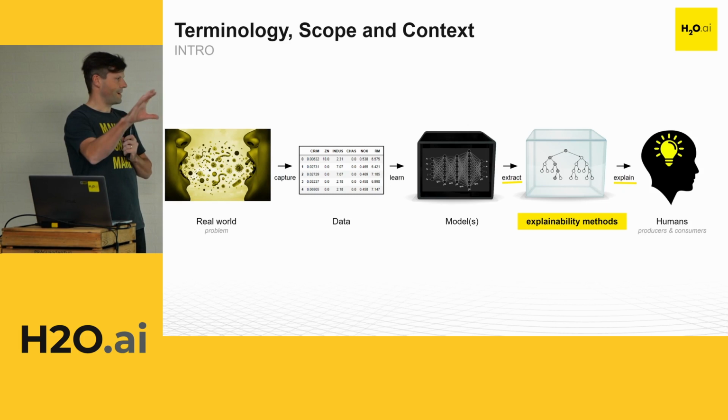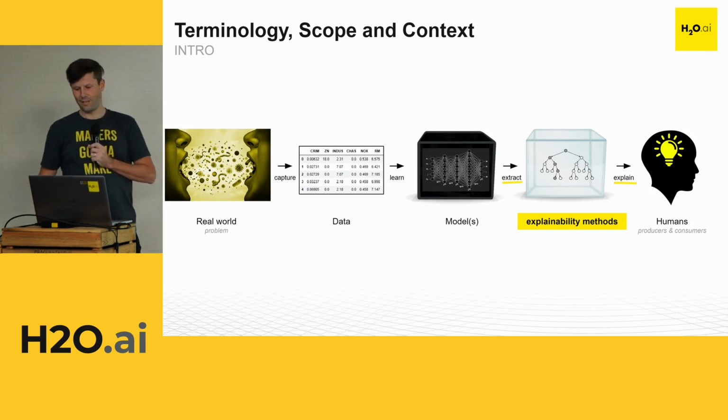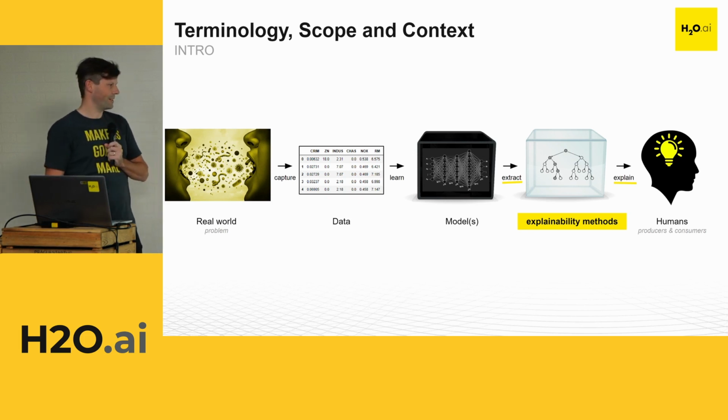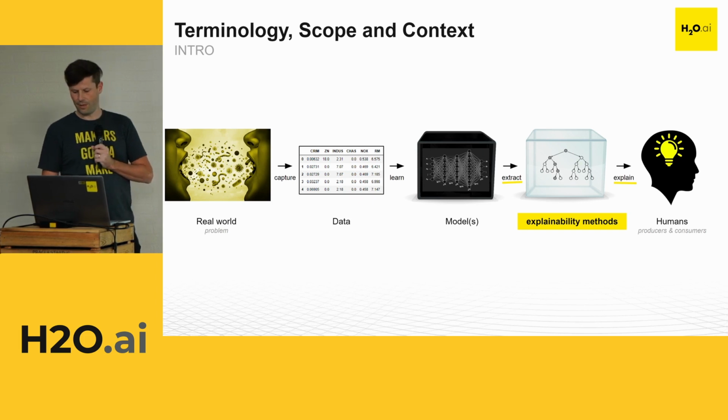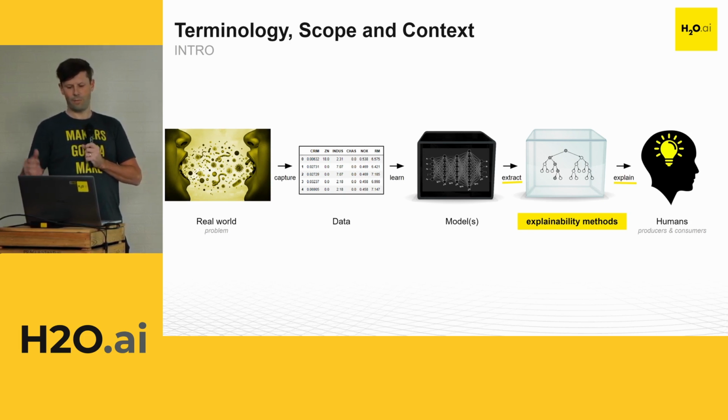This really rough description of the model creation process aims to explain where explainability fits. So there is a problem in the real world. What we usually do, we try to capture data. We have a data set. We try to build as good a data set as we can. And then the model learns the data set, and we get a result, which might be explainable to some extent.